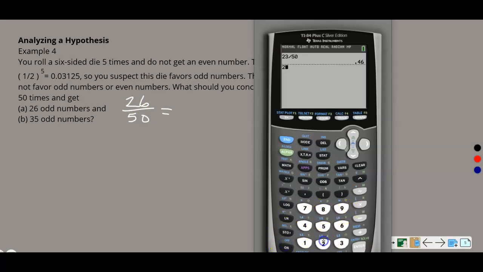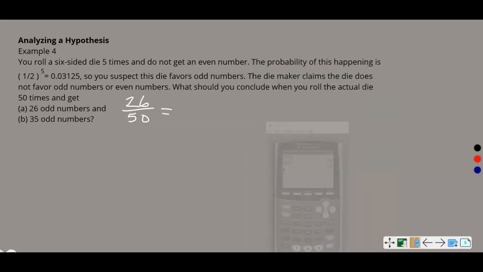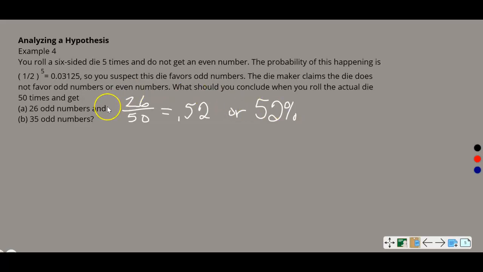That should make sense. You could actually get that number, and that would be about 52%. So that does make sense. 0.52 or about 52%. So if I got 26 out of 50 rolls, I would believe the guy that said it does not favor odds. This is a good die.